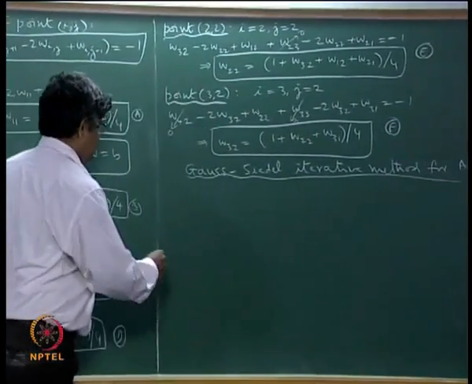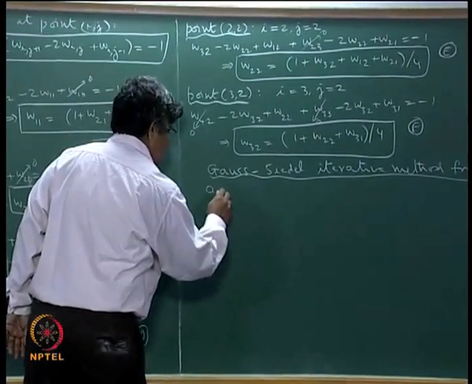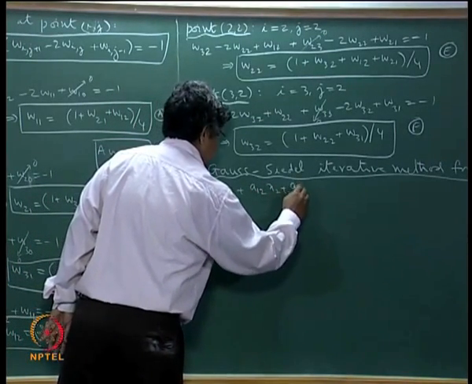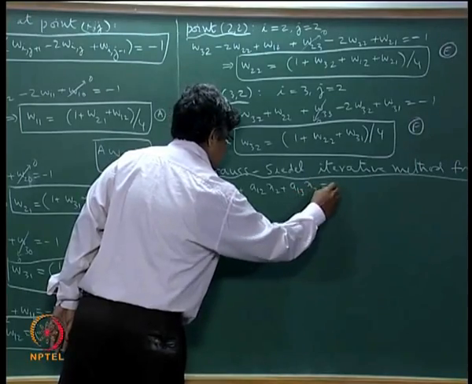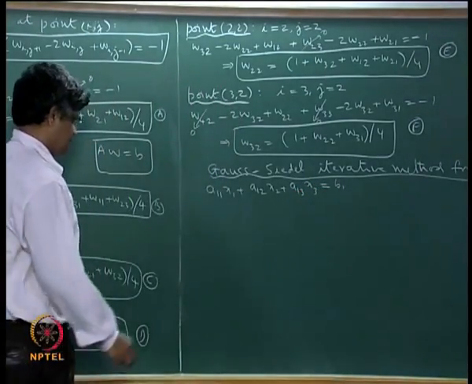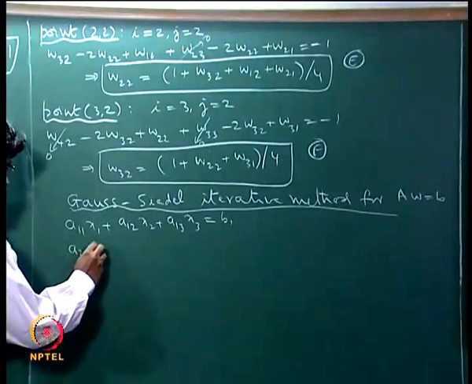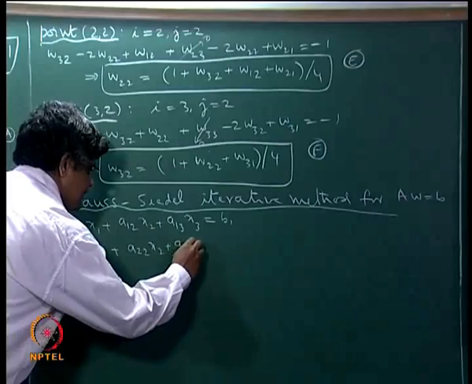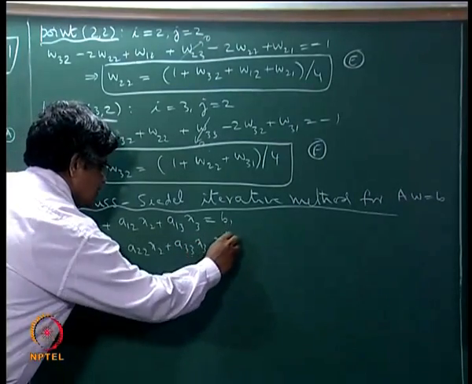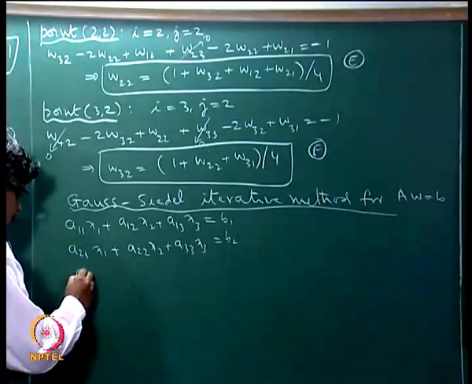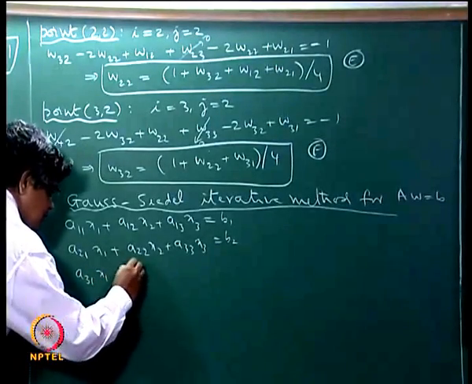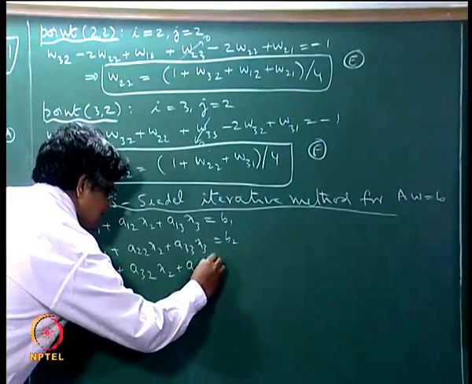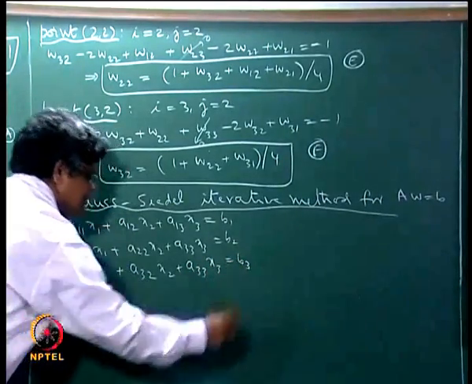So we consider a set of 3 equations involving 3 variables: a11 x1 plus a12 x2 plus a13 x3 is equal to b1, a21 x1 plus a22 x2 plus a23 x3 is equal to b2, and a31 x1 plus a32 x2 plus a33 x3 is equal to b3.